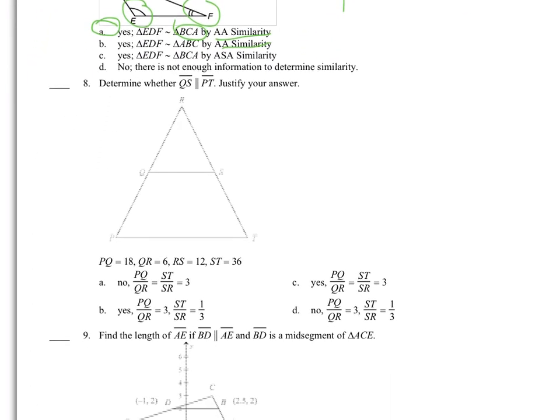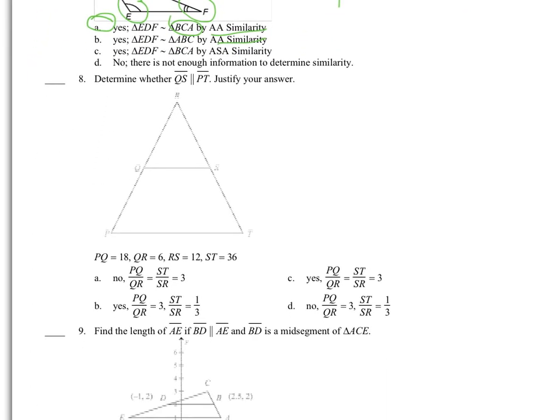Okay, number 8. QS and PT are parallel. We know that PQ is 18 and QR is 6. RS is 12, and ST is 36.